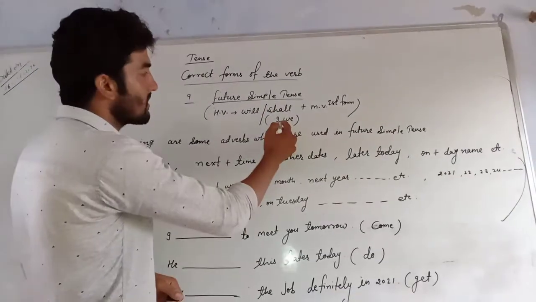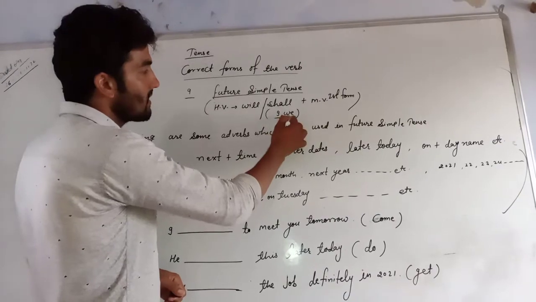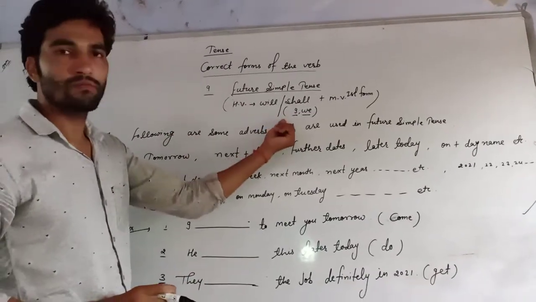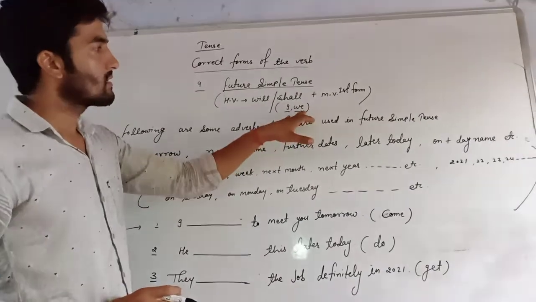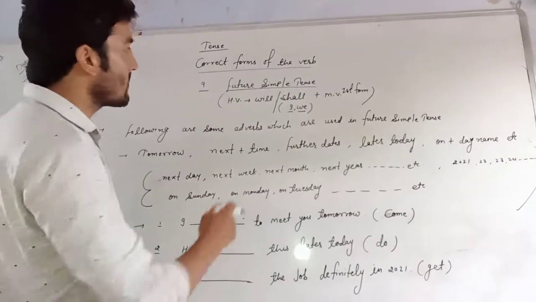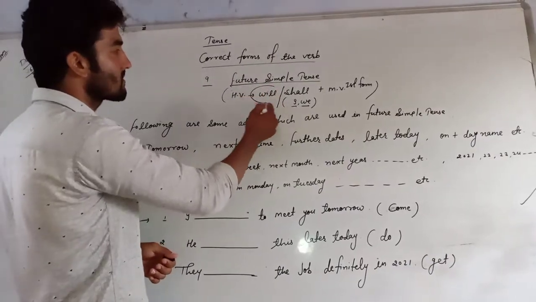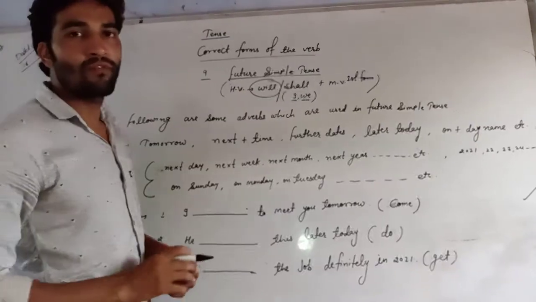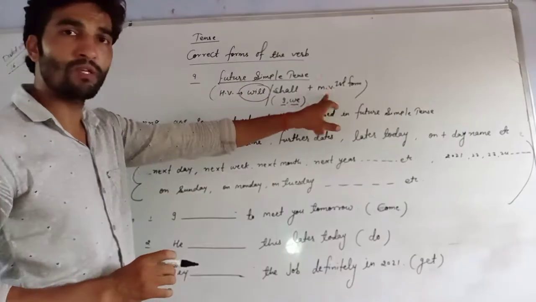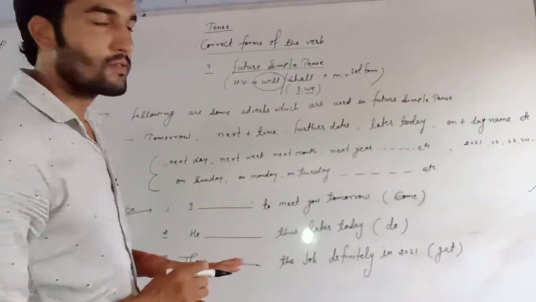If the subject is I or we, then the helping verb shall will be taken, and with other subjects the helping verb will be used, plus the first form of the verb.